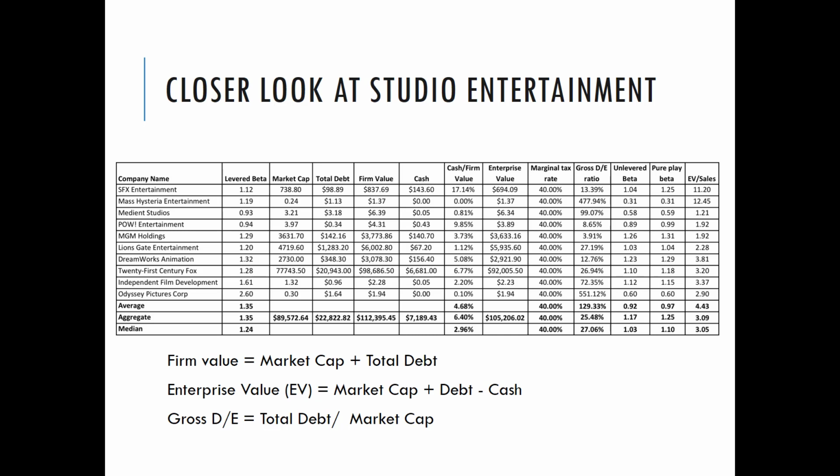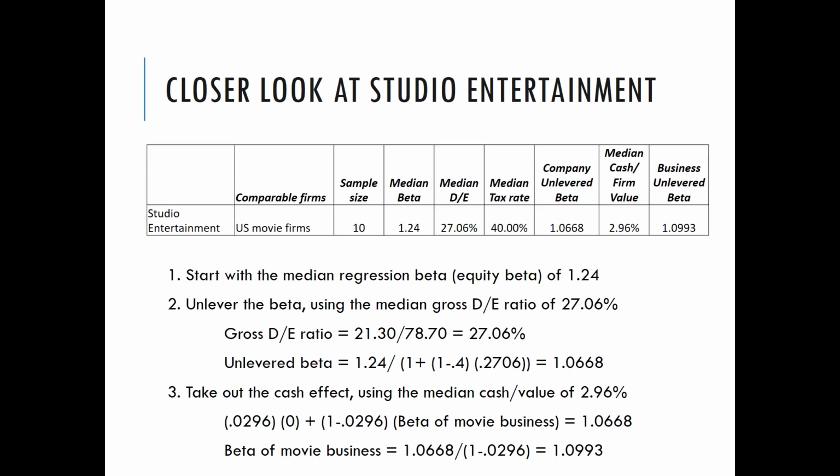So if I look at the debt to equity ratio in this column, the median is 27.04. So the idea here is that you're trying to figure out what a comparable firm looks like in this particular industry. So based on these inputs, again, we start with the median regression beta, 1.24. We unlever it.